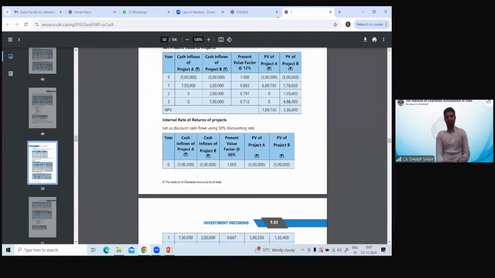So for different trials, it will take so much time. So use the discounting rate of 50% that is given in the illustration so that it gets solved very quickly.